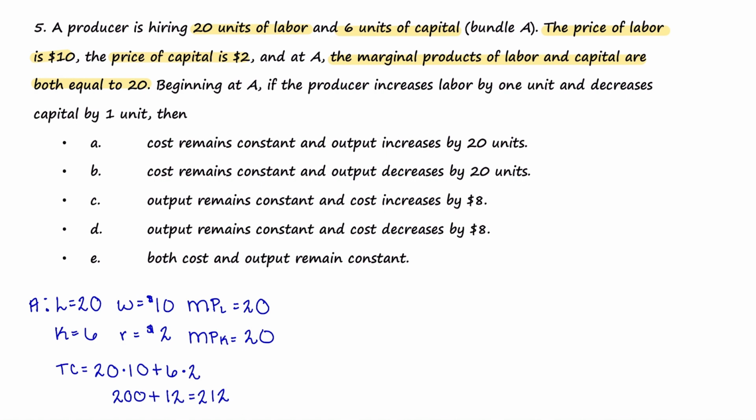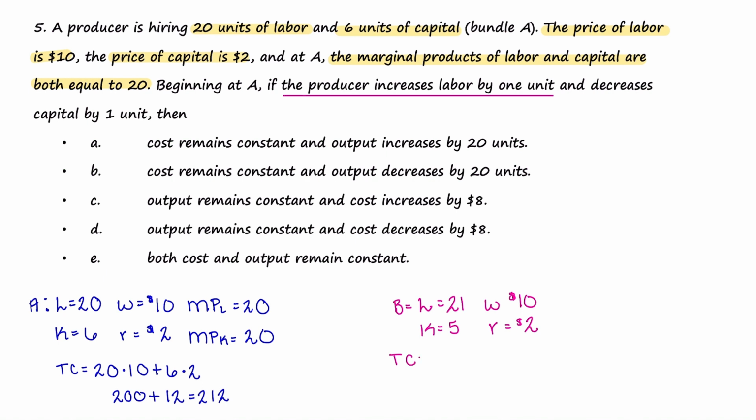If we were to have an imaginary point B, and at point B, the producer increases labor by 1 unit, so that means our labor is going to be 21 units. Our wage rate is still 10. Our capital is 5, and our rental rate is 2.